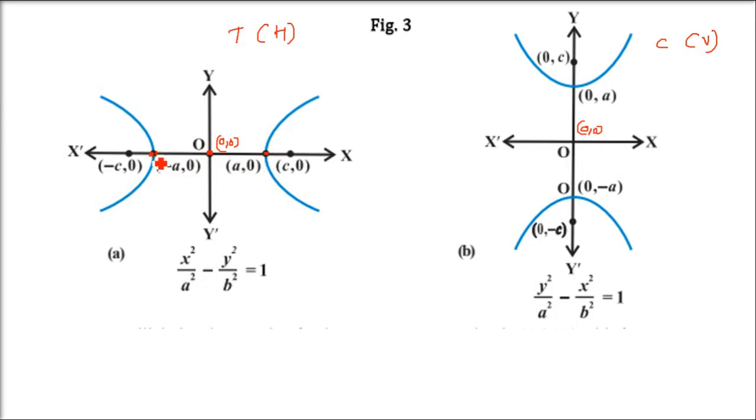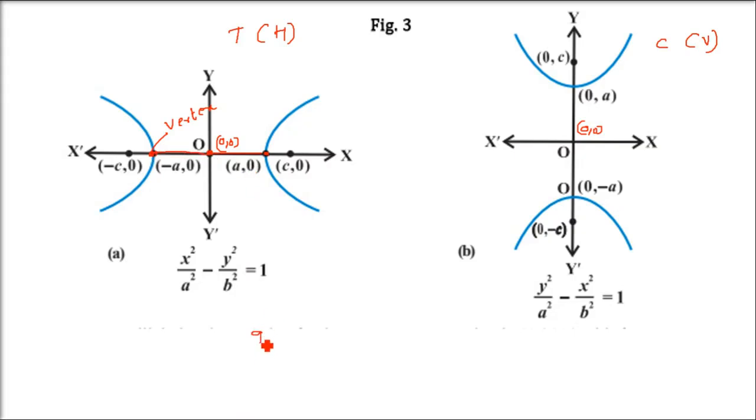Whenever the figure intersects the x-axis or y-axis, that point is called a vertex. But for an ellipse and a hyperbola, there will be two vertices.